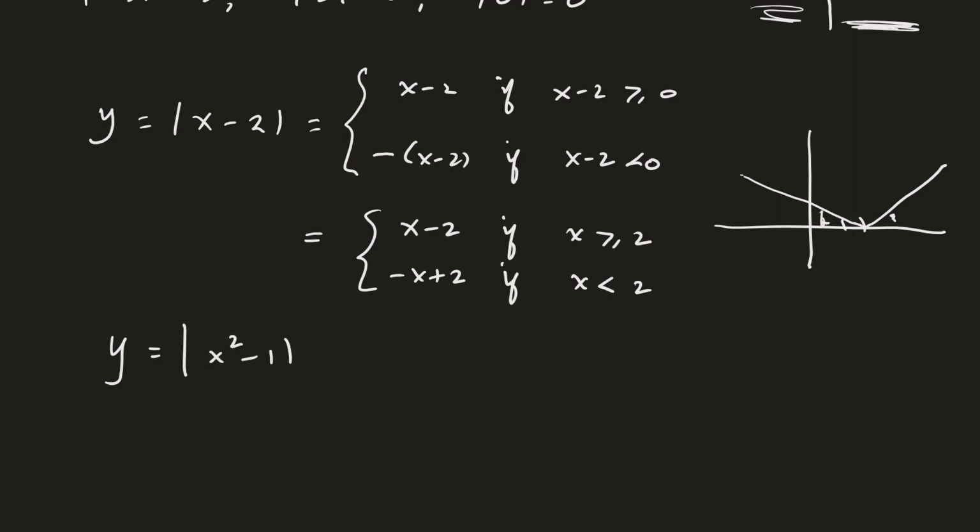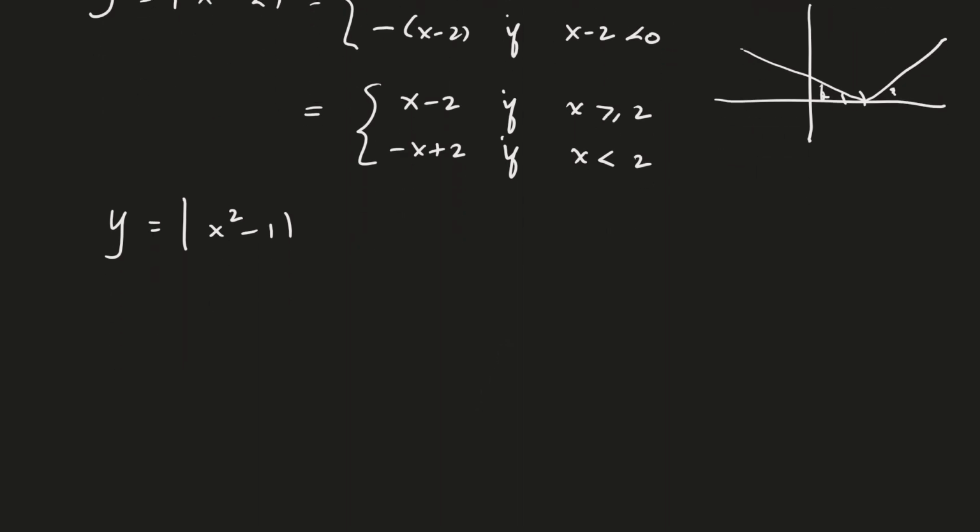And so similarly, how would we graph something like y equals the absolute value of, how about, x squared minus 1? Well, before we do this algebraically, let's see if we can figure out what it is graphically. So the way I'm going to start is by looking at just x squared. And so hopefully you remember y equals x squared is just going to be a parabola, right?